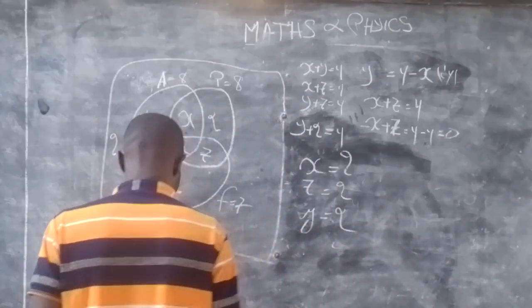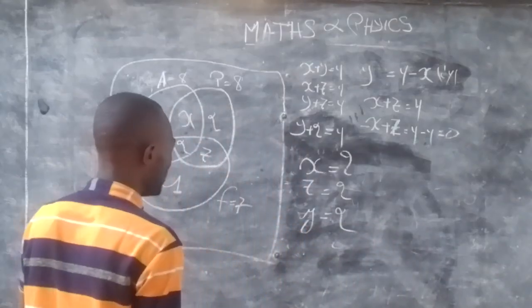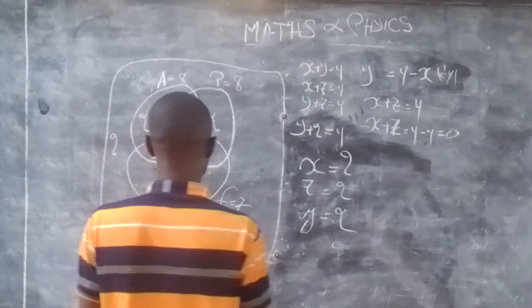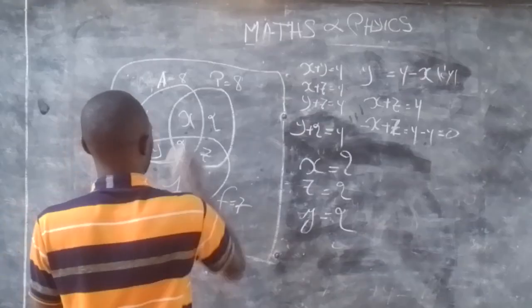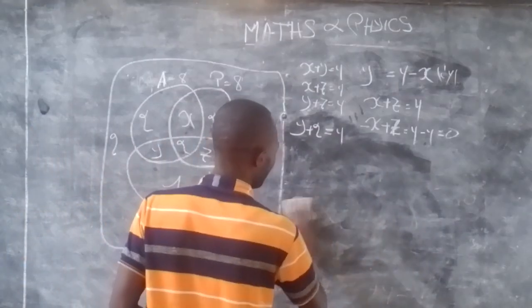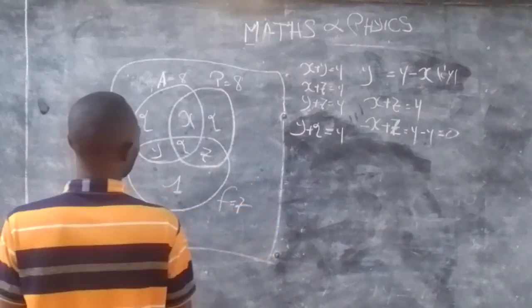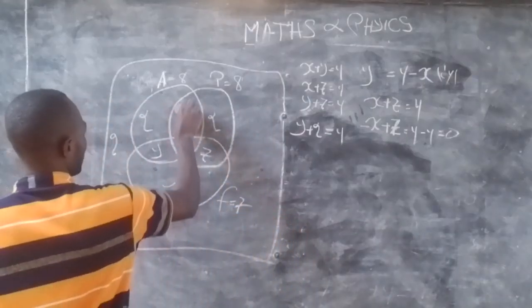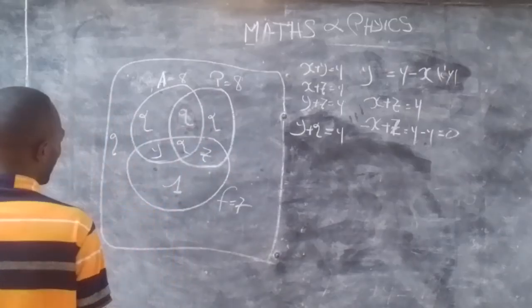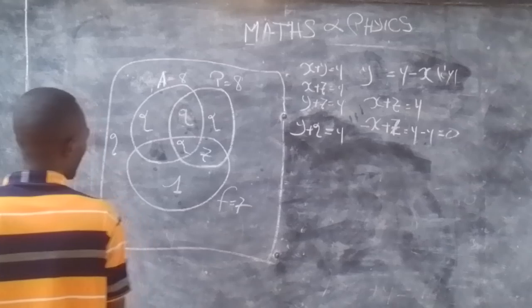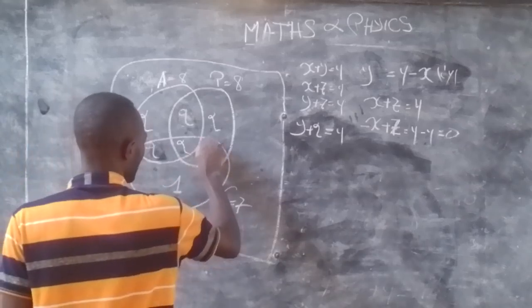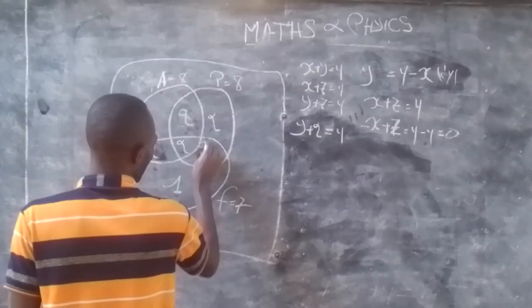For the second question, we are asked to determine the total number which contains the board. So let's replace the values in the Venn diagram by their values. Here we have x equal to 2, y also equal to 2, z also equal to 2.